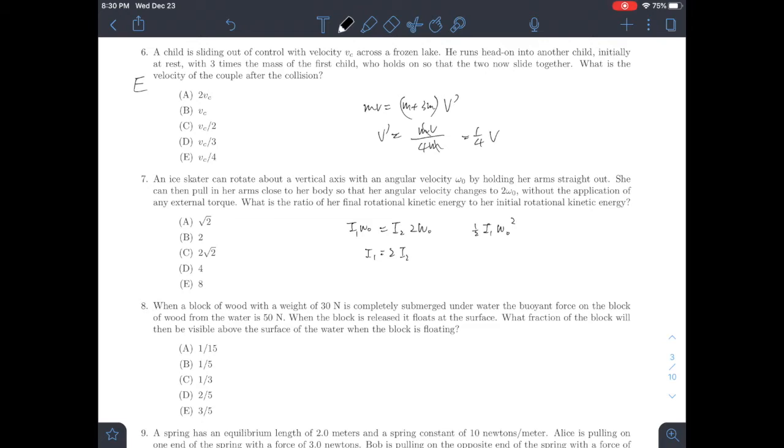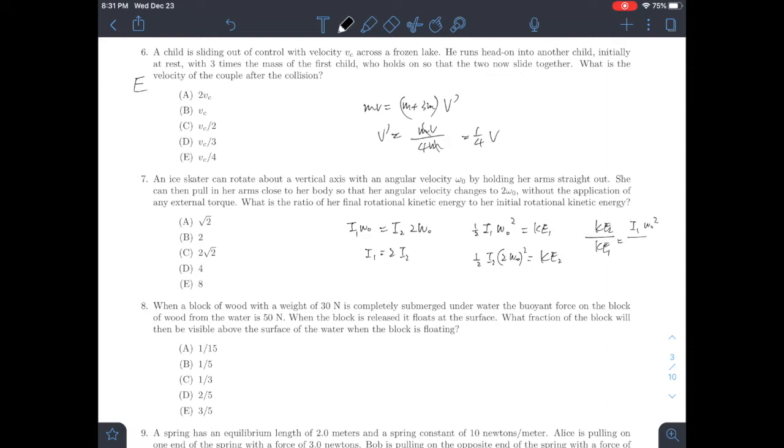Then the initial rotational energy is equal to 1/2 I1 omega naught squared, which is the rotational kinetic energy of the initial state. Then we have 1/2 times I2 times 2 omega naught, all of them squared, equal to the second rotational kinetic energy. And we divide the final by the initial.